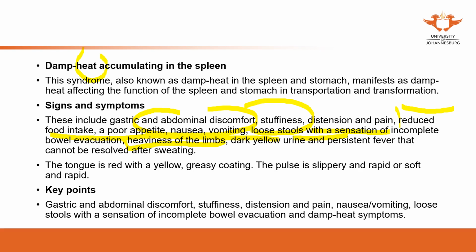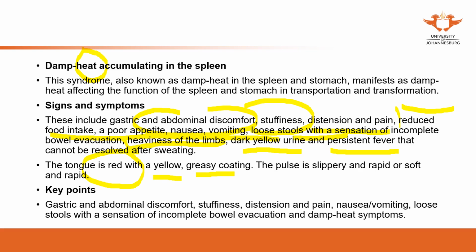Where can we see the heat? From dark yellow urine, persistent fever, the tongue is red with a yellow greasy coating. That's from the heat. So this syndrome can present with distending abdomen, poor appetite, fever, heaviness.